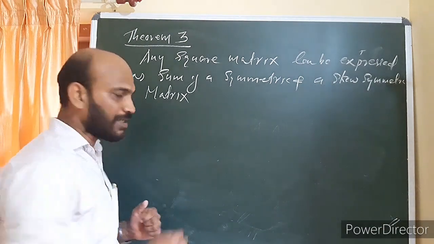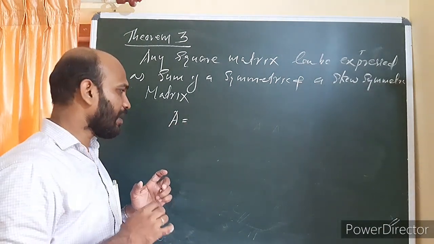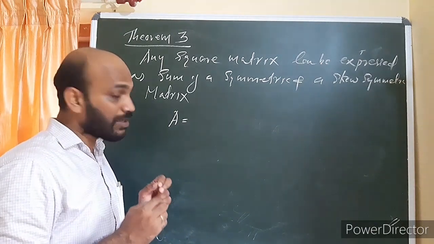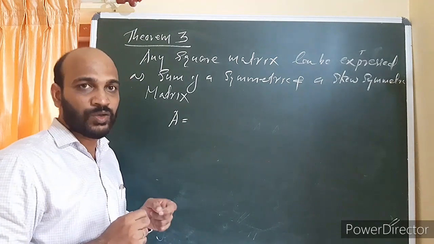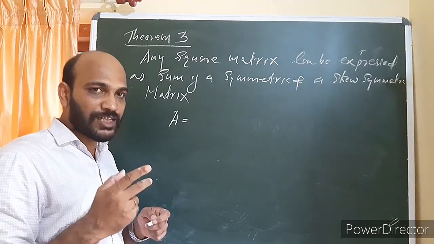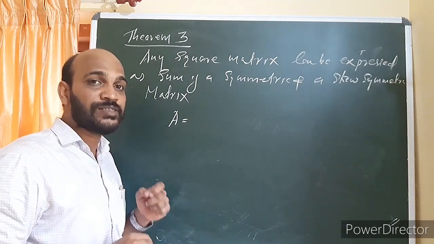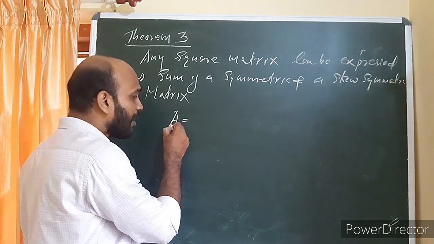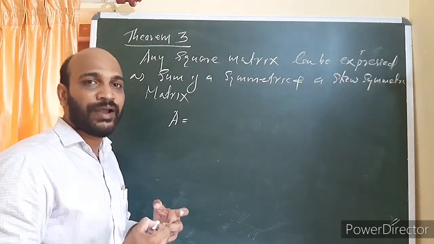So consider square matrix A. We want to express A as sum of a symmetric and a skew symmetric. For that, we have to use theorem 1 and theorem 2. What is theorem 1? A plus A transpose is always symmetric. Theorem 2, A minus A transpose always skew symmetric. So we have to express A in terms of A plus A transpose and A minus A transpose.